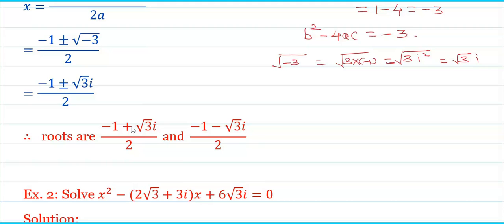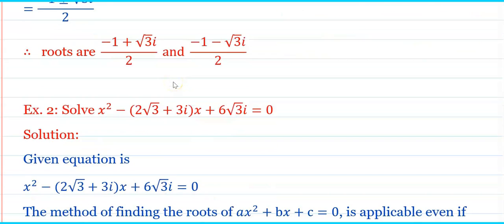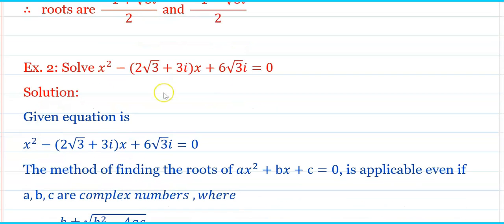Okay. Now the next. Solve x square minus 2 root 3 plus 3i bracket complete into x plus 6 root 3i equals 0. Okay.